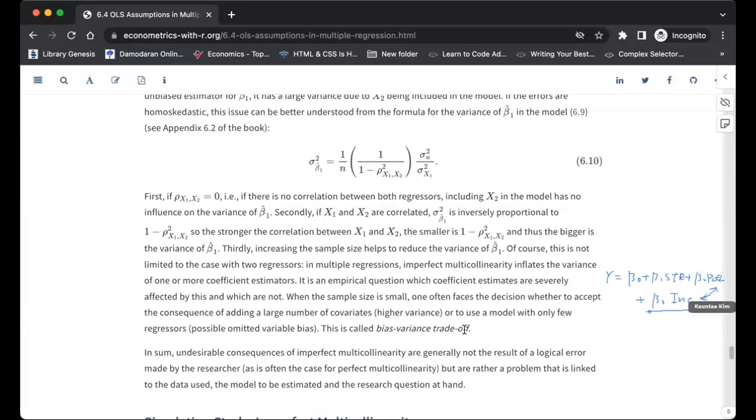So in that case, when we test income versus the percentage of English speaking students, or maybe we can say beta 4 is the percentage of English speaking parents.